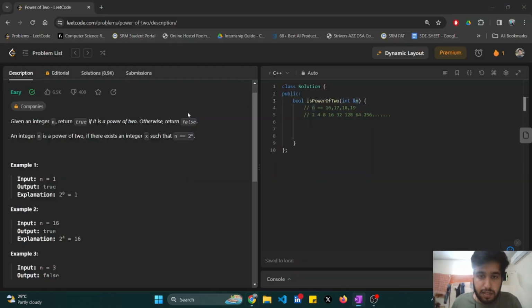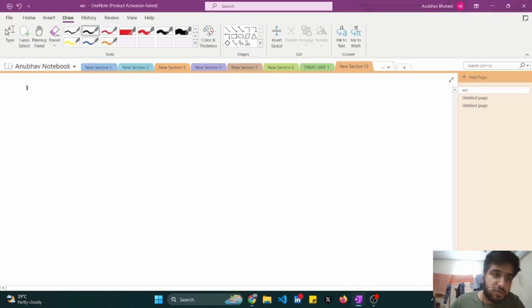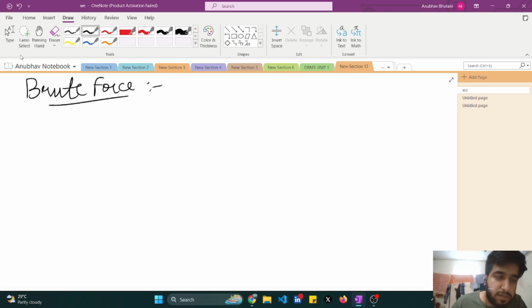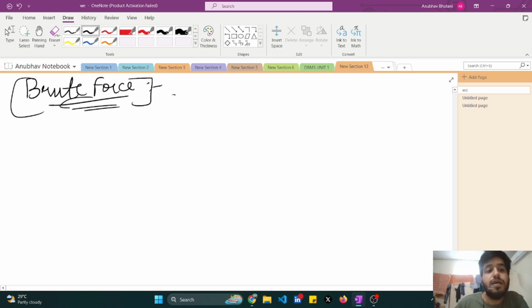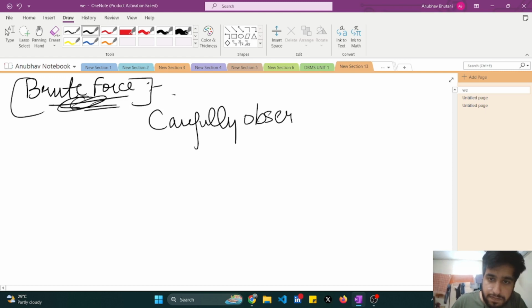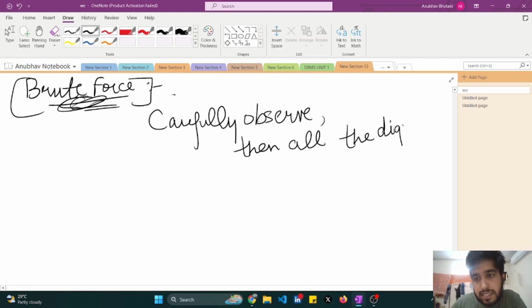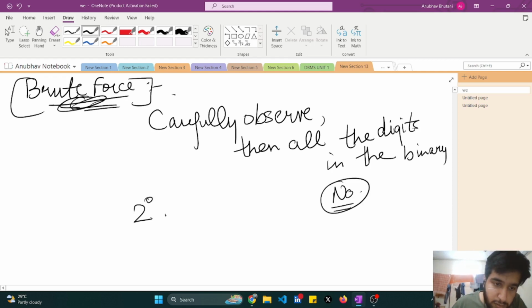So what can be my solution? There are some follow-ups given that you have to follow along. If you carefully observe, all the digits in a binary number are represented by 2 raised to power 0, 2 raised to power 1, 2 raised to power 2, 2 raised to power 3.